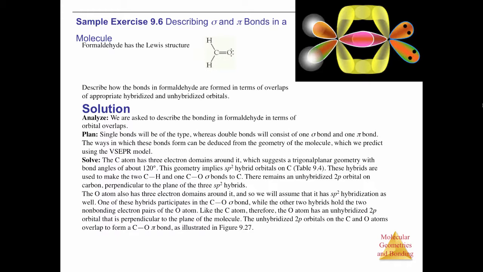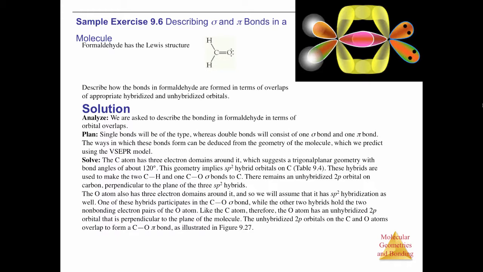The oxygen atom also has 3 electron domains around it, and so we will assume that it has sp2 hybridization as well. One of these hybrids participates in the carbon-oxygen sigma bond, while the other 2 hybrids hold the 2 non-bonding electron pairs of the oxygen atom. Like the carbon atom, therefore, the oxygen atom has an unhybridized 2p orbital that's perpendicular to the plane of the molecule.